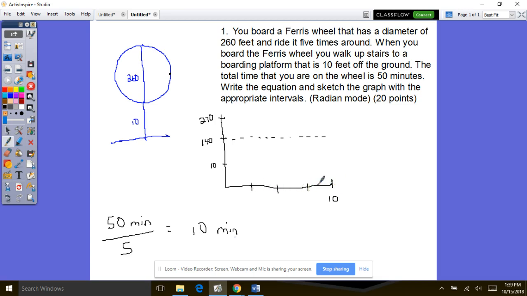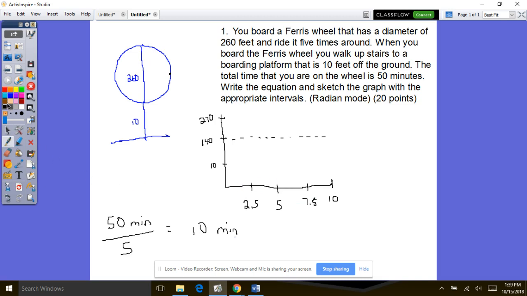Half of 10 is 5. Half of 5 is 2.5. So 10 divided by 4 is 2.5. I keep adding it: 2.5 plus 2.5 is 5, 5 plus another 2.5 is 7.5, and if I add it again, I get to 10. All right, now you have your intervals.